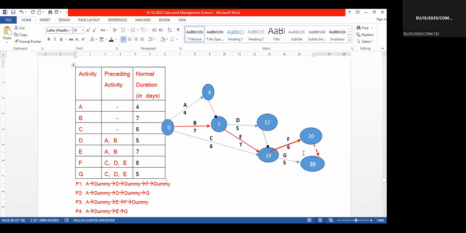All other paths come under that. This is the leading point. This is the project-determining part. That's why the activities associated with this path are called critical activities.